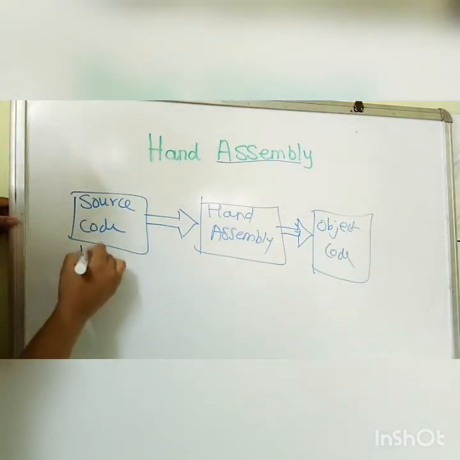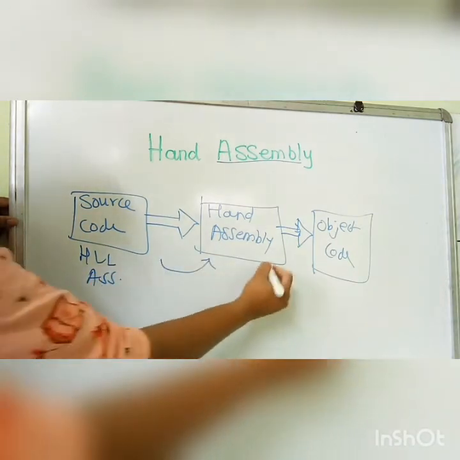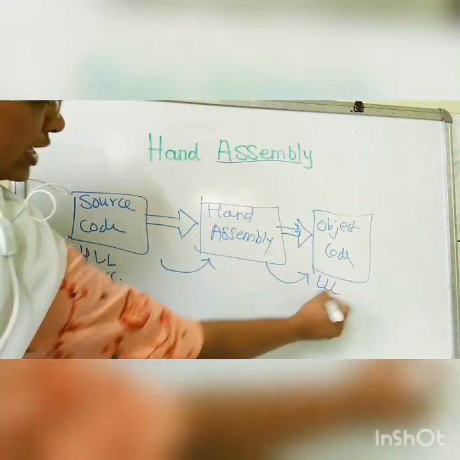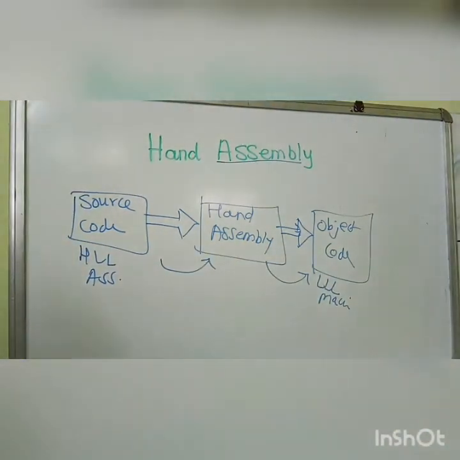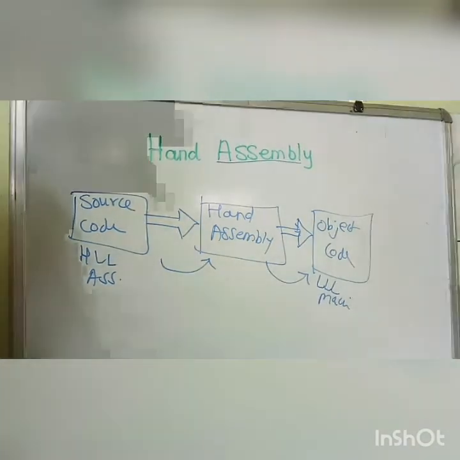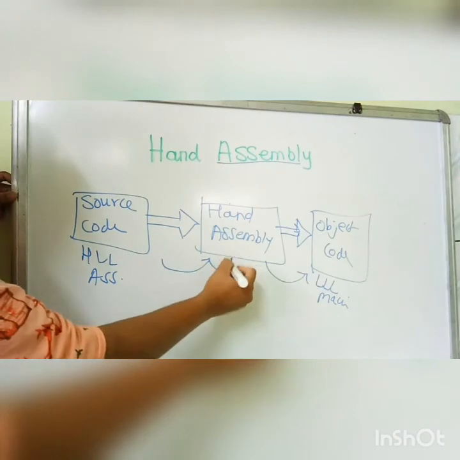Means here it is our higher level language or assembly program. By hand assembly it is transferred to the lower level or machine language program. This is hand assembly, means a human will convert these.